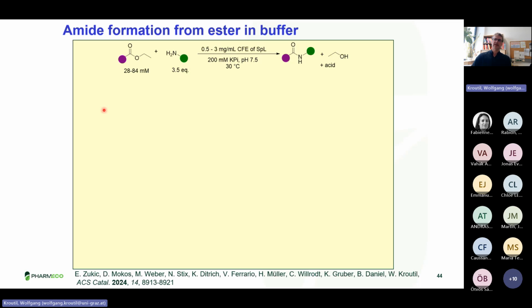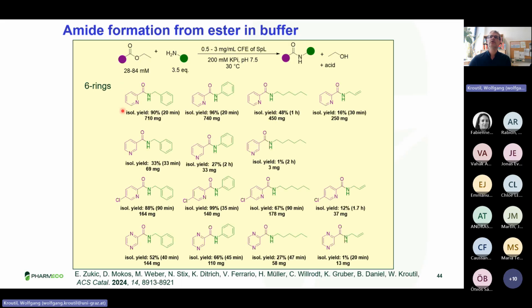In the end we indeed found an enzyme from a Sphingomonas species, which we could use for the coupling of ethyl esters with various amines. Here I show just the scope for six-membered rings. We always have a heteroatom in there.